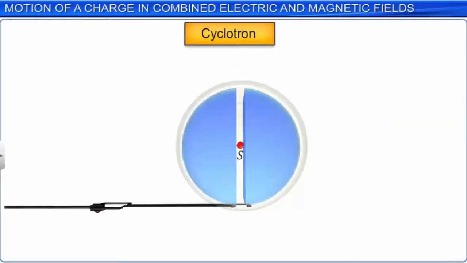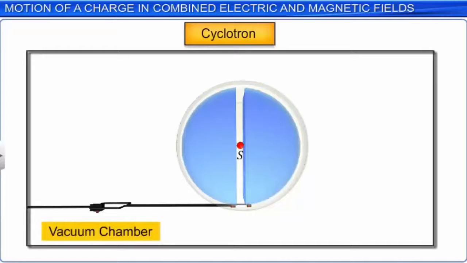Consider a source S placed at the center of the two Ds, which supplies the positive ions to be accelerated in the cyclotron. These Ds are placed in a vacuum chamber to minimize collision with air molecules and ions.